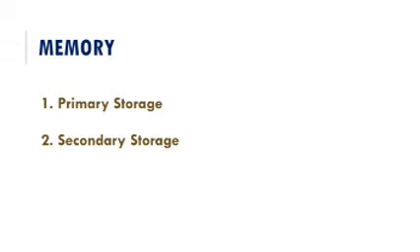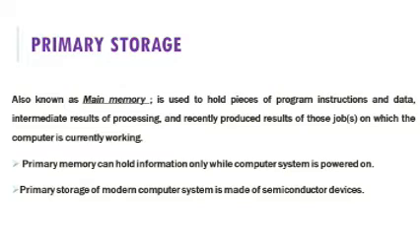We can divide the storage devices into two categories. The first one is the primary storage, the second one is the secondary storage. The primary storage is known by the name main memory. It is a major storage aspect of a computer, used to hold pieces of program instructions and data, the intermediate results of processing, and recently produced results of the jobs on which the computer is currently working.